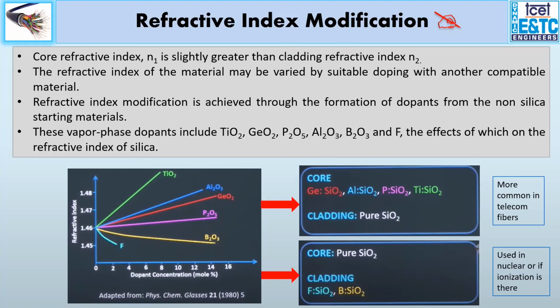As well as the furnace, there are a lot of metals that are a part of a furnace, and since these processes take place at a very high temperature, around 1900 degrees centigrade, there are chances of these metal impurities also getting inserted into the fiber during fabrication.